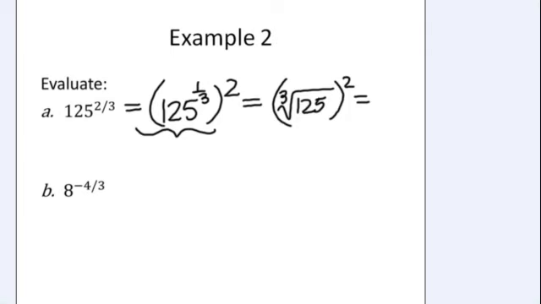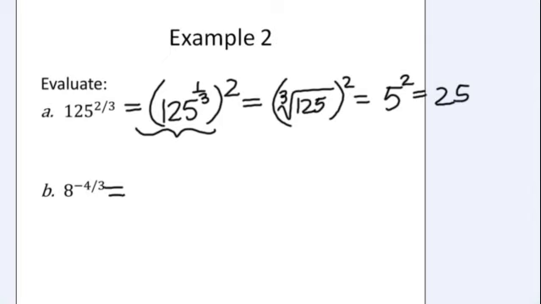Now, cubed root of 125, I want to think, what can I multiply by itself 3 times to get to 125? Well, 5 times 5 is 25, times another 5 is 125. So the cubed root of 125 is 5, and then if I square that, I get 25.